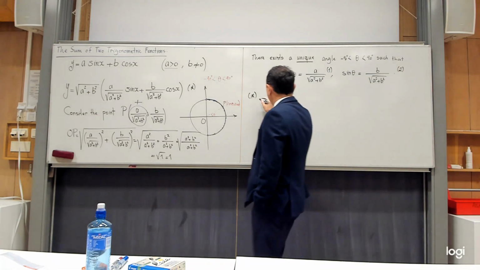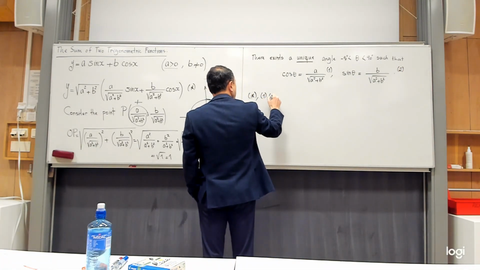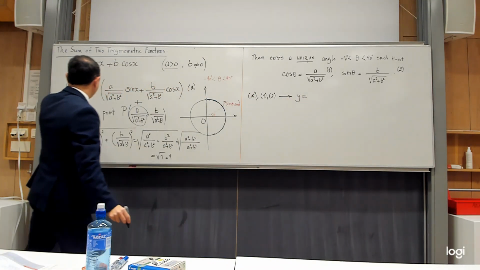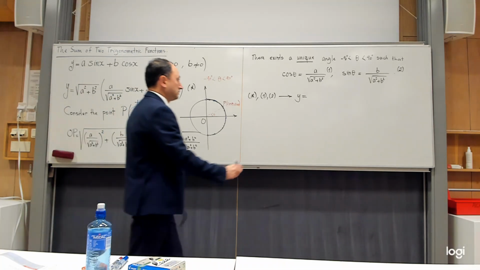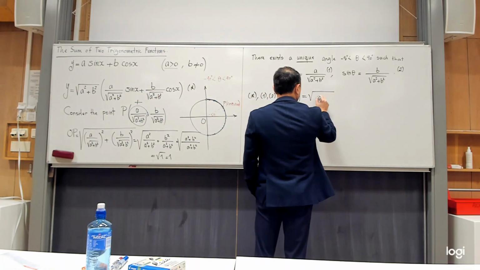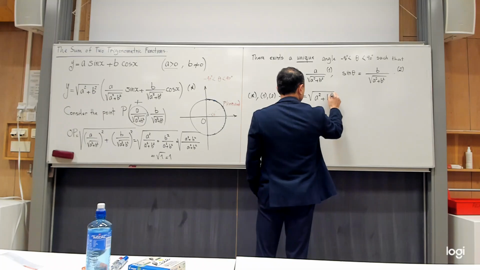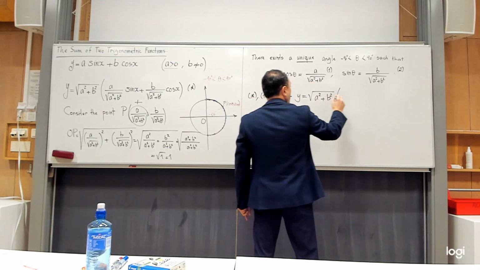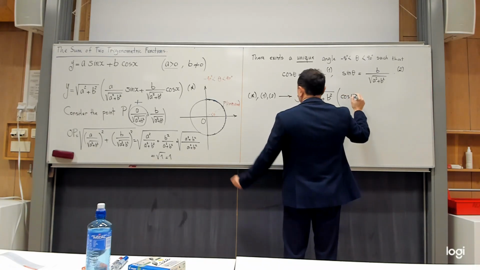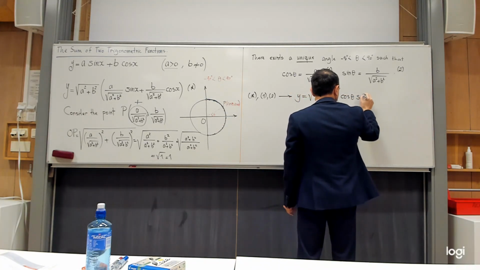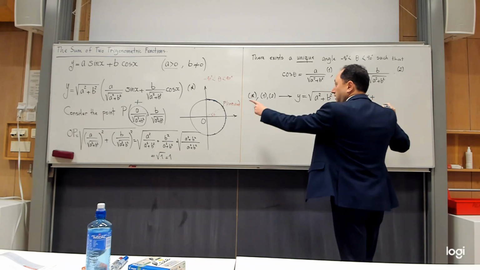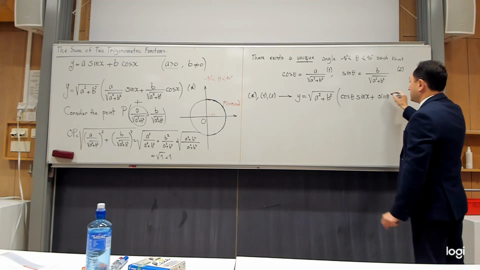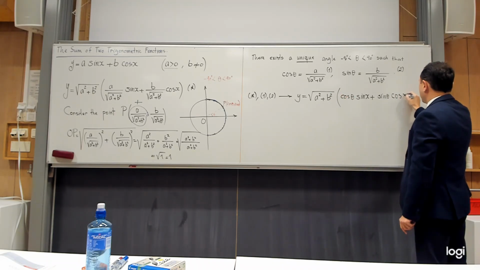So from comparing star, number 1 and number 2, we can conclude something. We can conclude that y is equal to this expression, square root of a squared plus b squared, and then instead of the first fraction, I can write cosine theta multiplied by sine x plus the second fraction, sine theta, multiplied by cosine x.